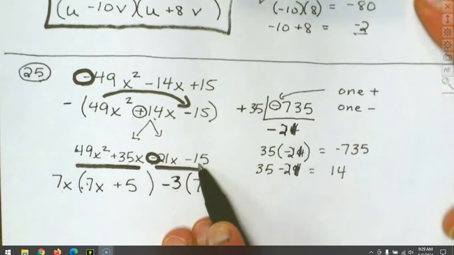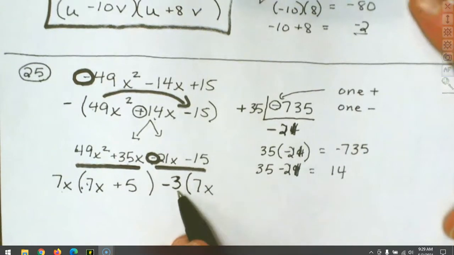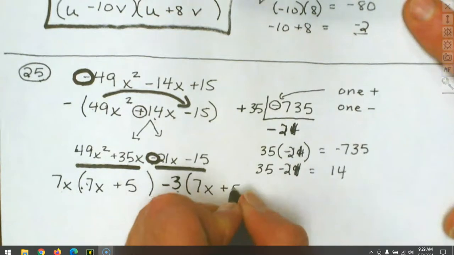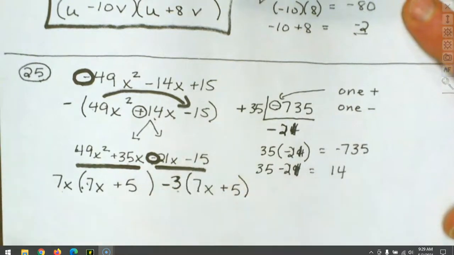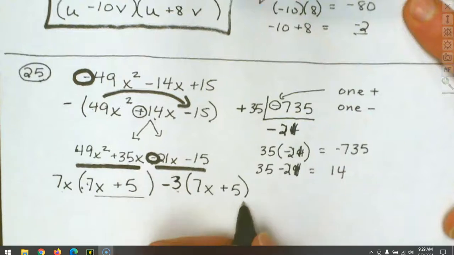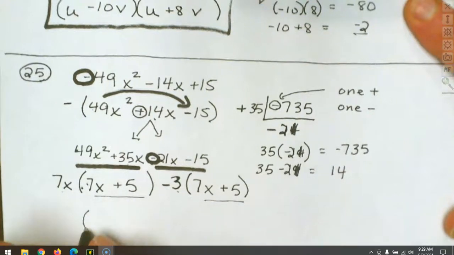Negative 15 divided by negative 3. Negative and negative makes it a positive 5. Did we do it correctly? Yes, these match. These are the same. So that's going to come out as a 7x plus 5.